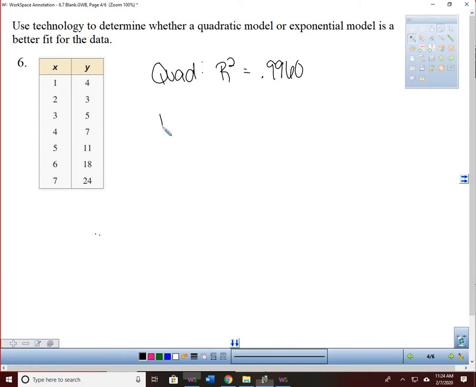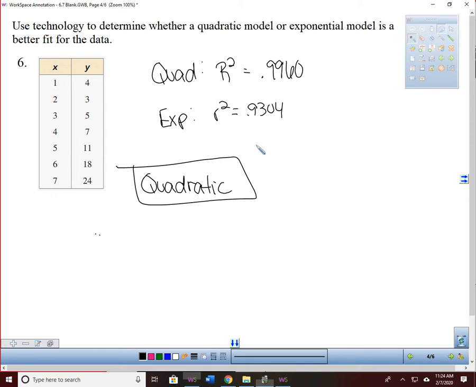This is for the exponential model. Which one of these is closer to 1? That would be the 0.9960. So a quadratic equation would be a better fit than the exponential.